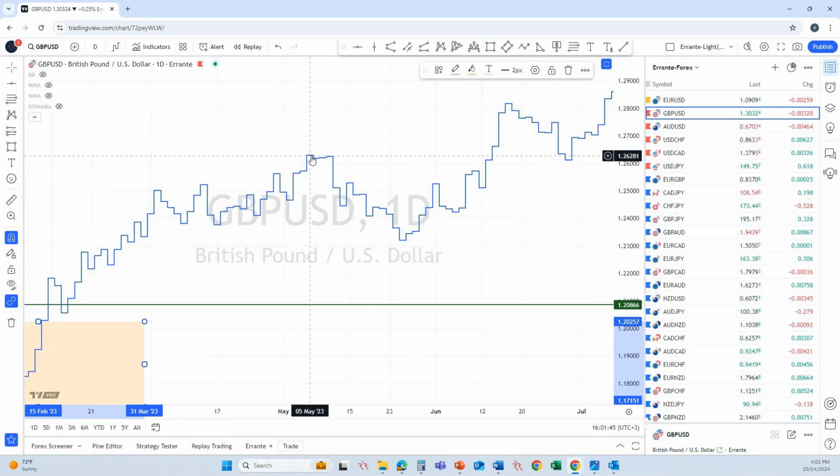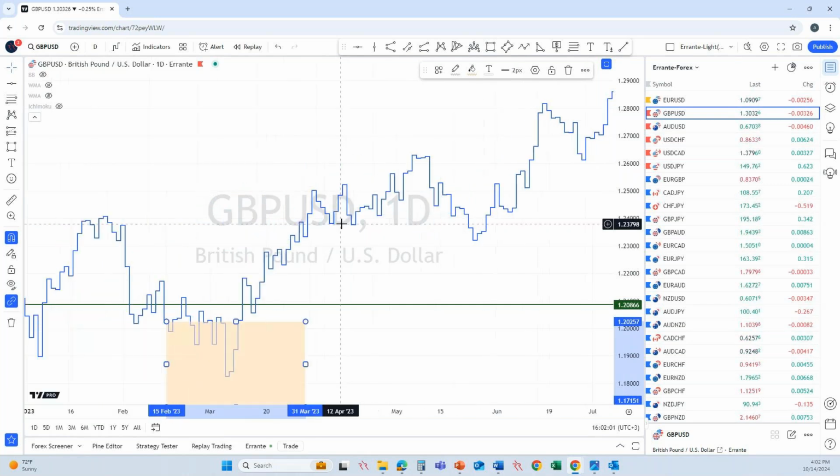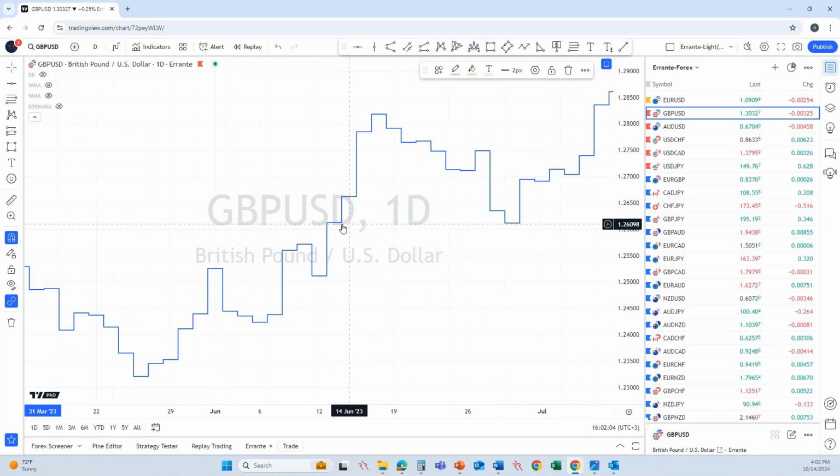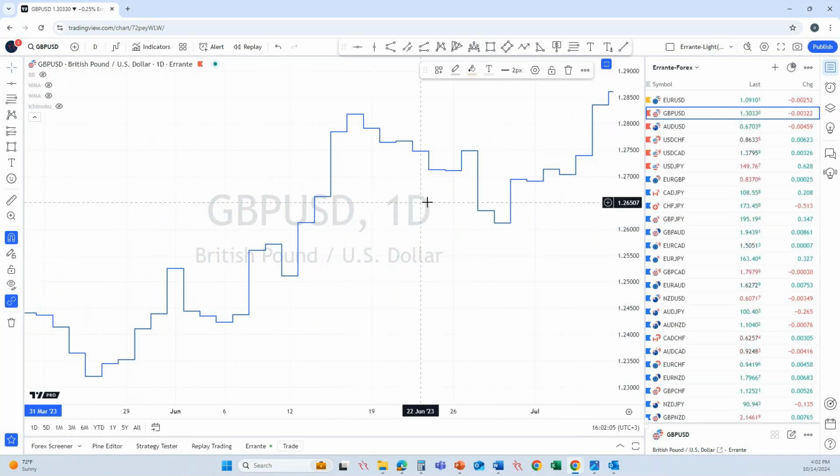For example, you see here, when we have this step, it means the market has been consolidating for a couple of periods, and then we have a change in market momentum, so we have this step down. So this is a better visualization to identify market ranges and also maybe price reversals.